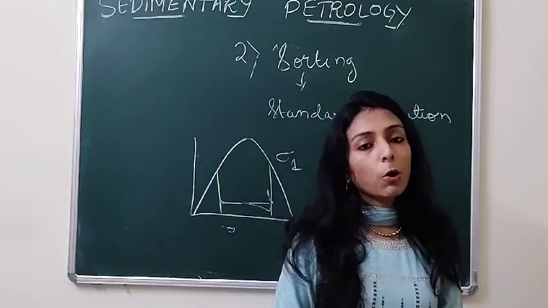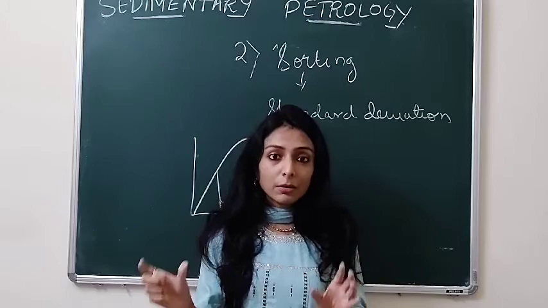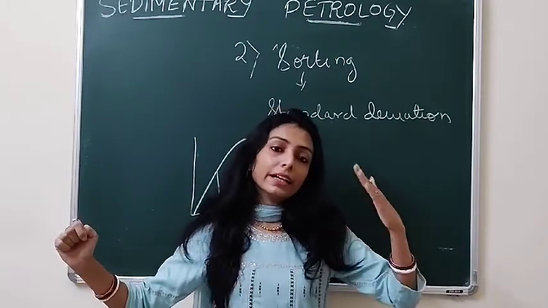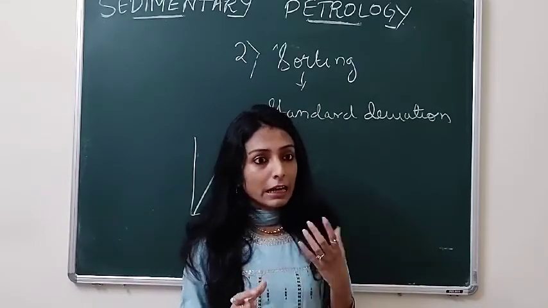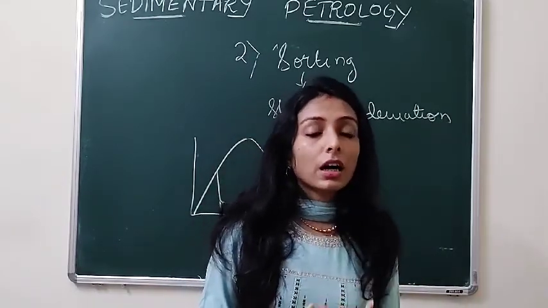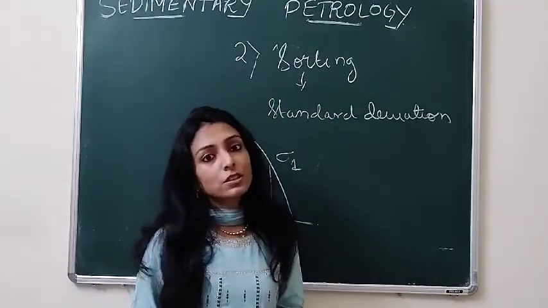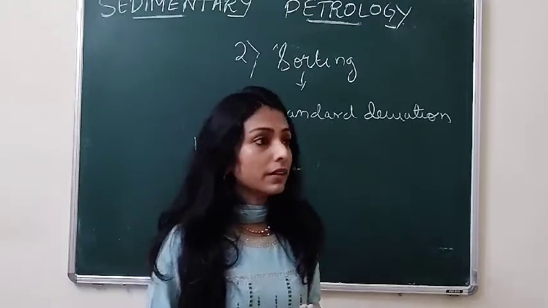But when we are talking about grain size, the maximum grain size variation occurs in the tail, that is the difference between fine grain and coarse grain. So the graphic standard deviation formula is not used in case of grain size deviation. We use a new parameter which is known as the inclusive standard deviation.